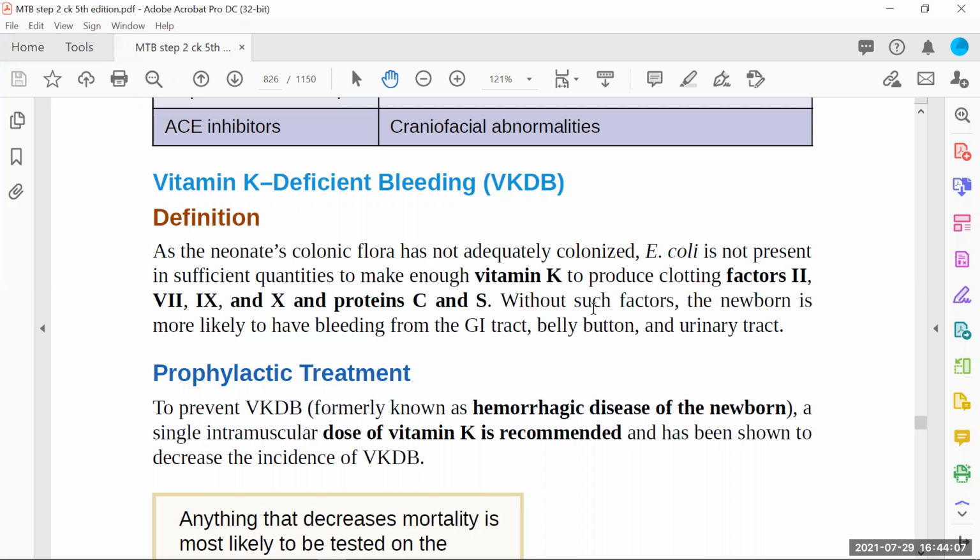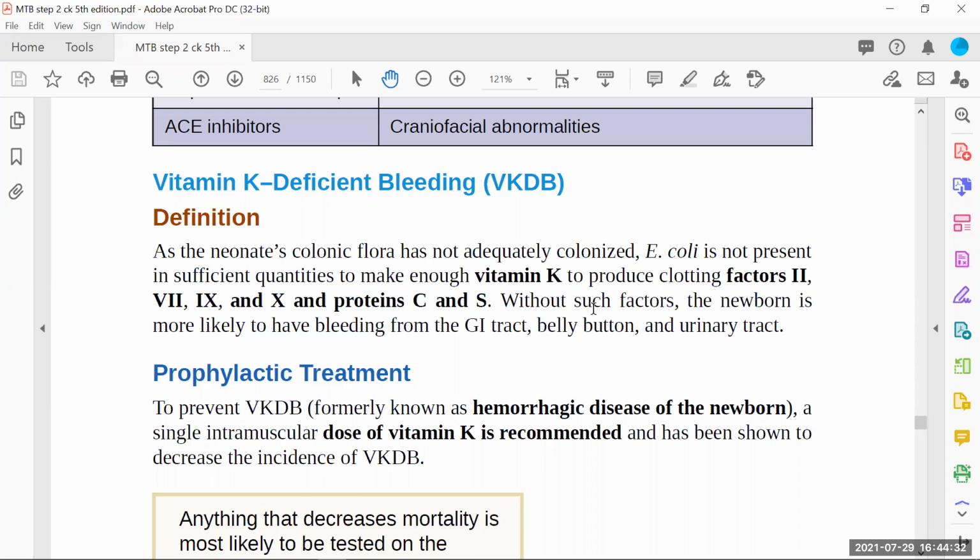In order to have this clotting mechanism, these clotting factors should work properly. And these clotting factors are either produced by the liver or dependent on vitamin K. If they are dependent on vitamin K, think about only 4 factors: 2, 7, 9, 10 and 2 proteins, protein C and protein S. So in newborns, if you are not going to give vitamin K, then what will happen?